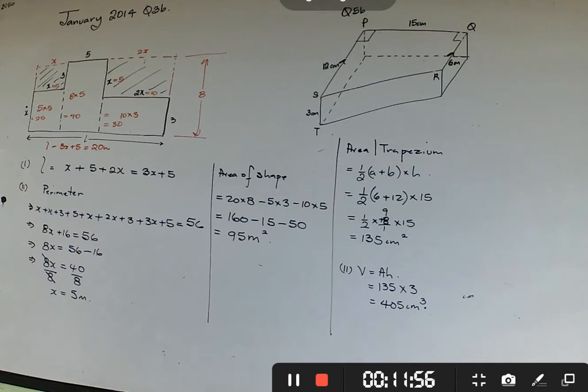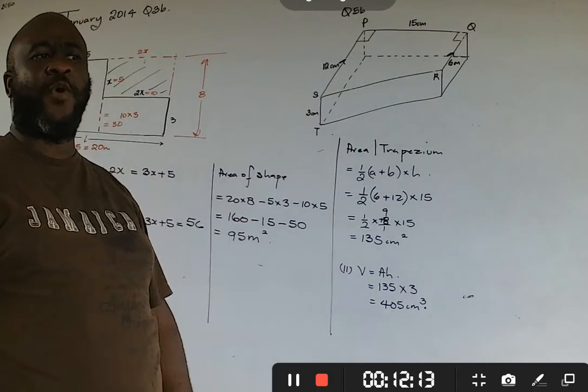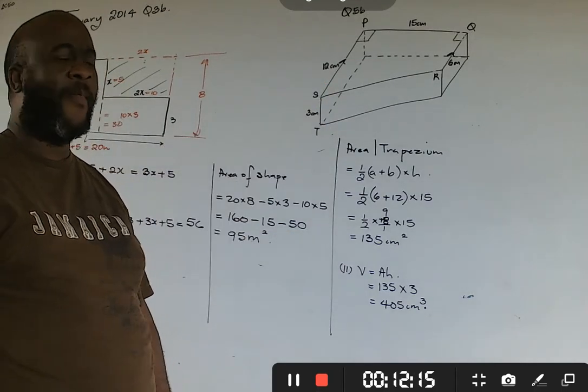Next. The block has a mass of 1.5 kilograms. Calculate in grams the mass of 1 cubic centimeter of metal. So the block here measures 1.5 kilograms.